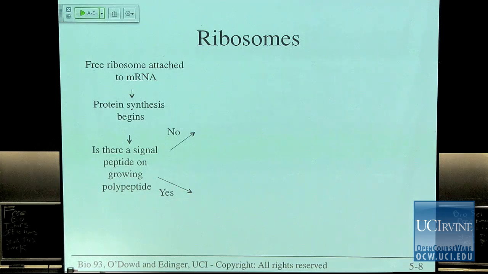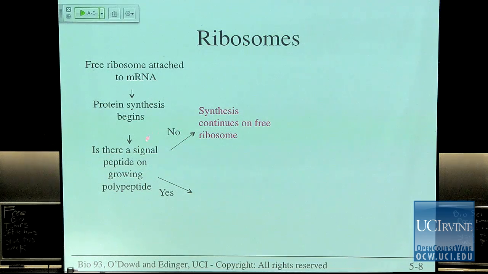When protein synthesis begins, you can ask, is there a signal peptide on the growing polypeptide? If the answer is yes, then what happens is, I have to go through this part first, sorry.